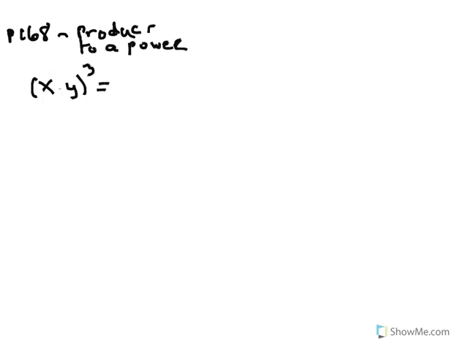Okay, this is very easy to see. The base of this particular exponential expression is this whole thing right here, and the power of the expression is this number right here. That's the exponent.